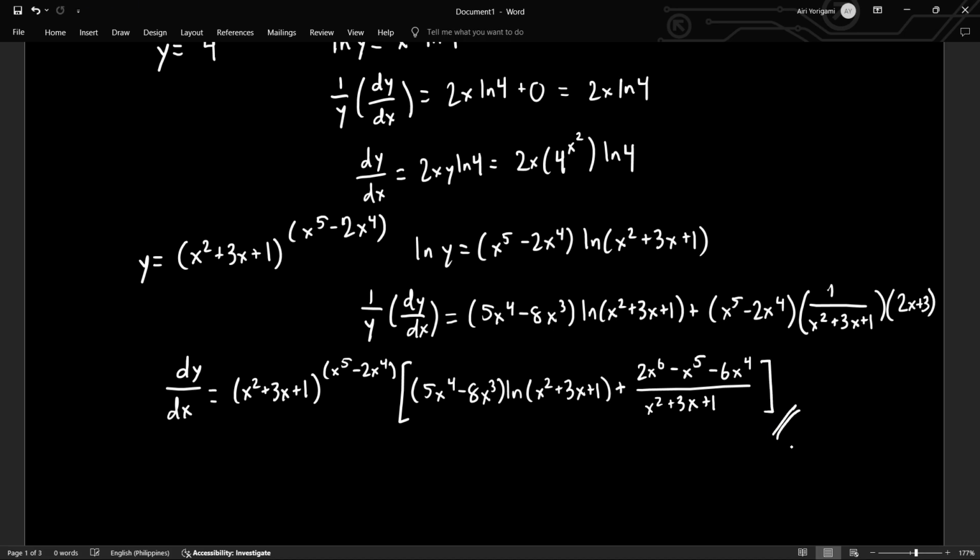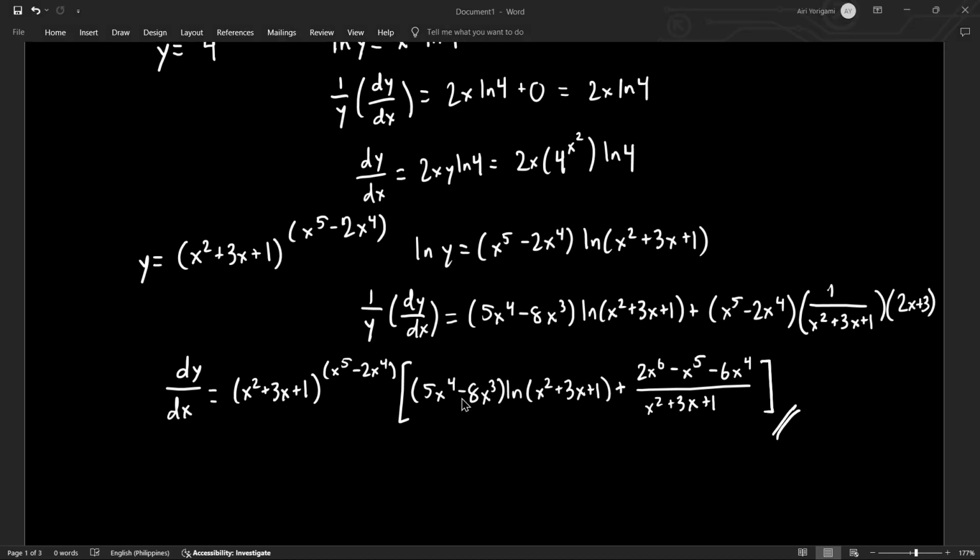And that's the final answer. Now, as you can see here, there are actually no terms to be simplified. But if there are terms that are simplifiable, your prof might appreciate you simplifying or combining like terms.